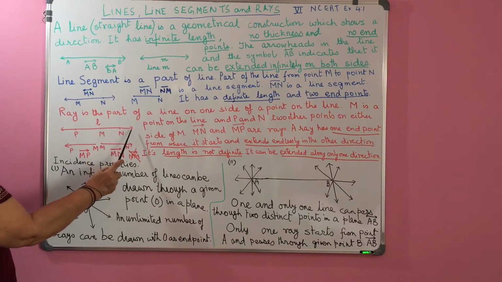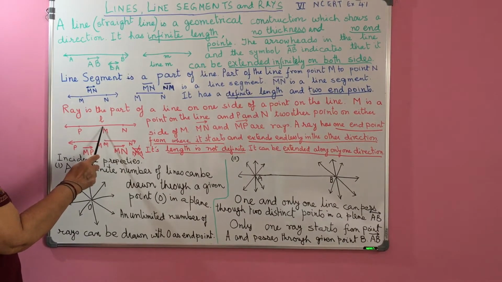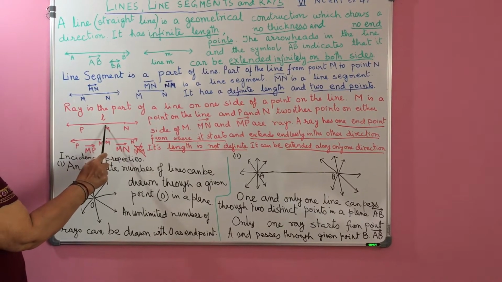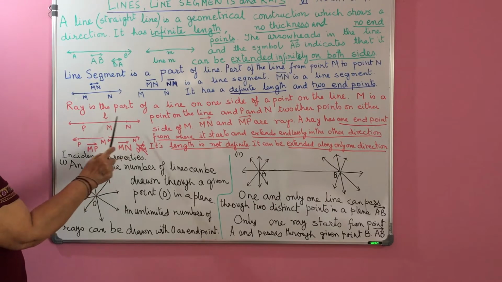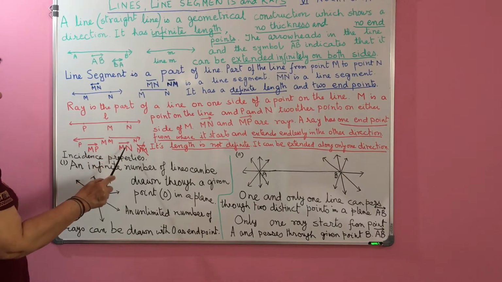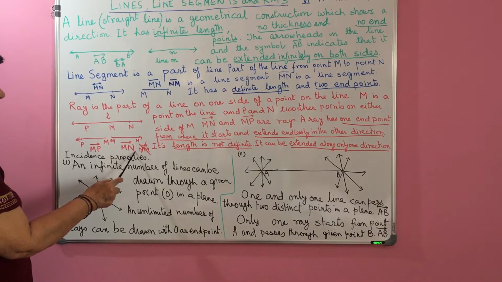I have a line here, L. M is a point on the line and it can be extended along the direction N. Now MN I say is a ray MN.